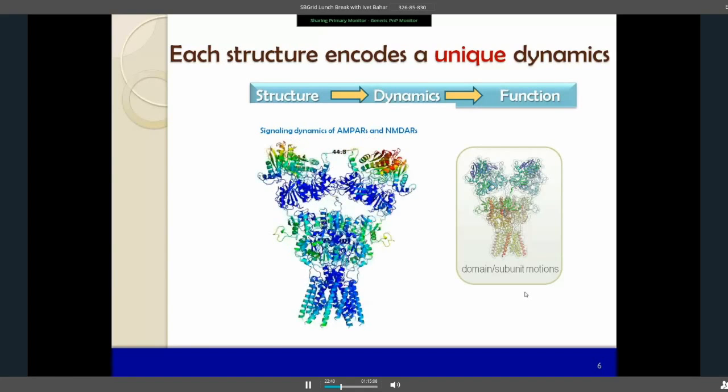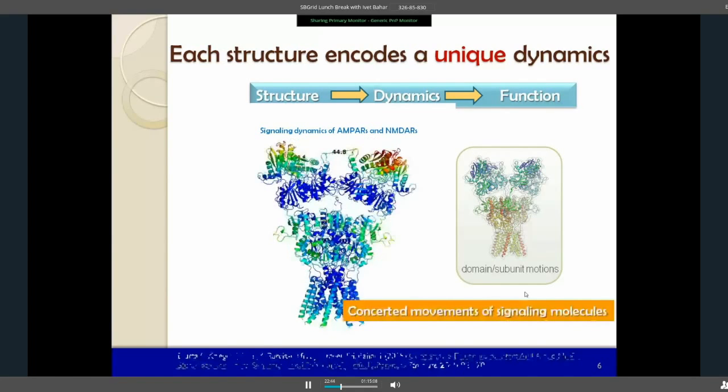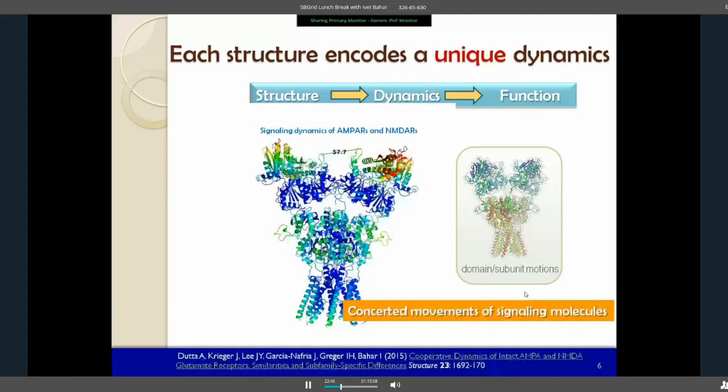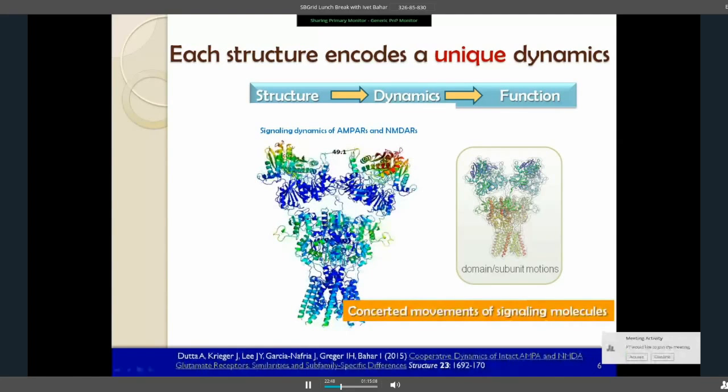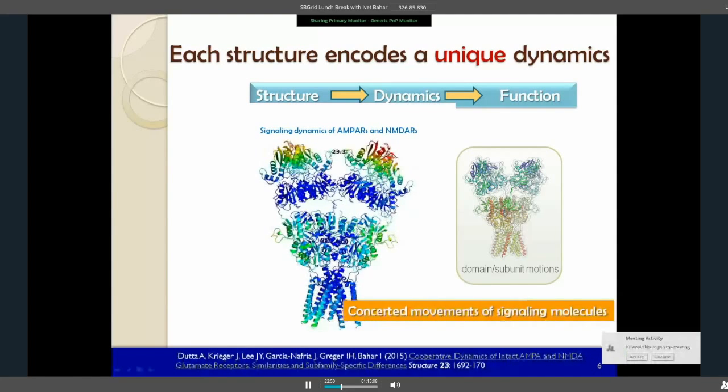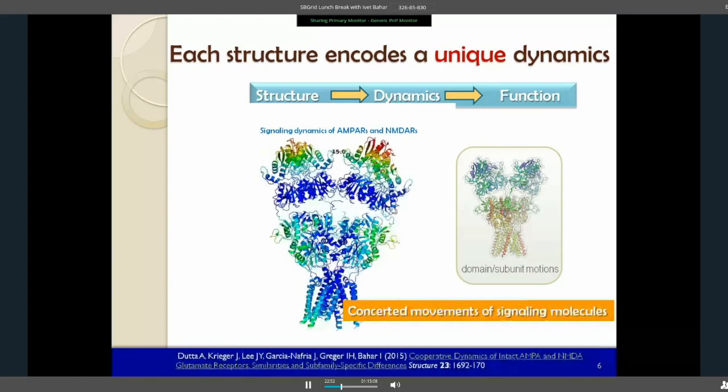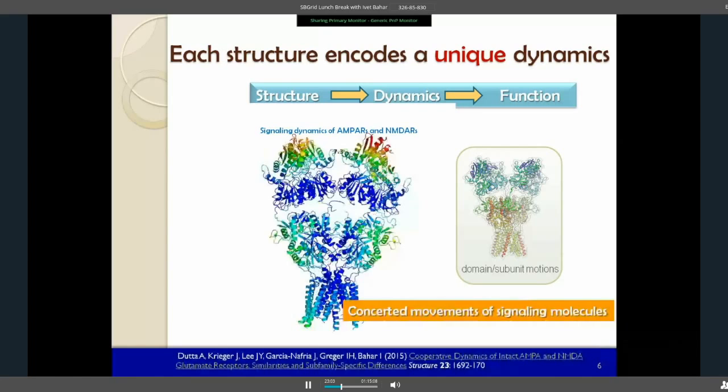In this case, we hypothesized that the residues on top here, which are separated by about 30 angstrom under equilibrium conditions in the X-ray structure, have this ability to come into close proximity and even form, for example, disulfide bridges if we substitute cysteines there.